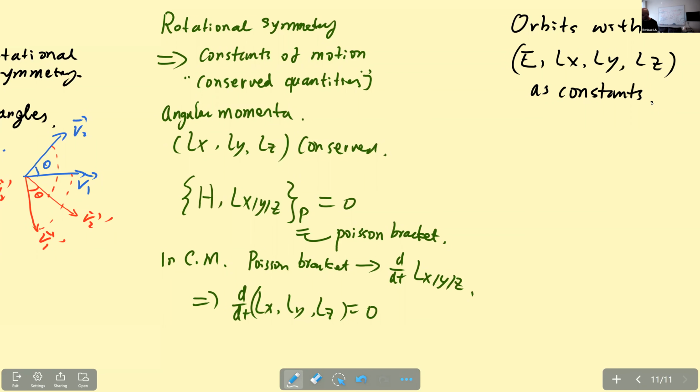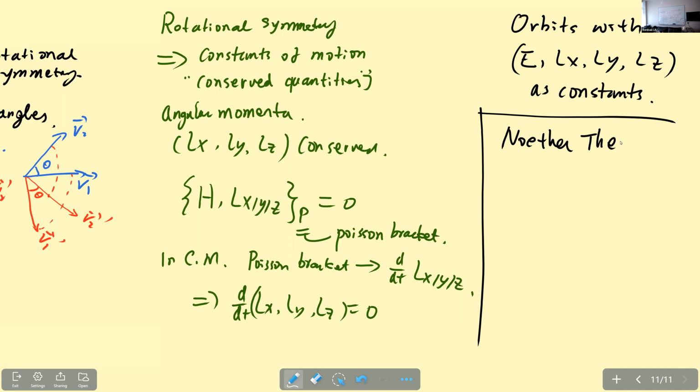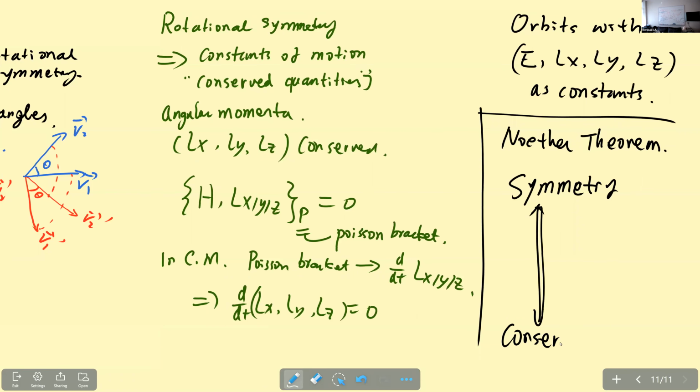Okay, and this actually is an important thing called the Noether theorem. You have a symmetry, and this one means that you have conservation laws.